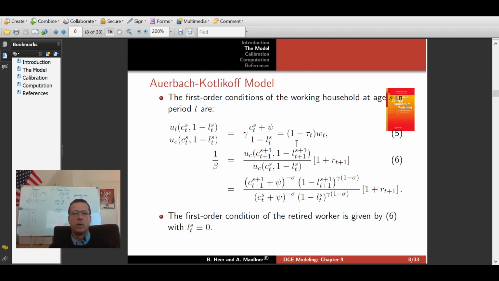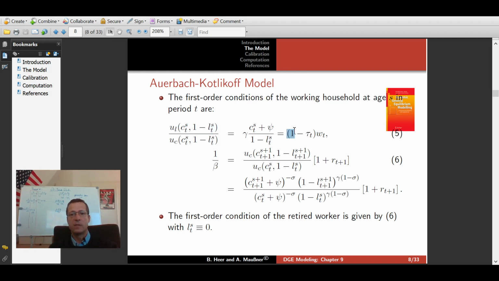So we compare the disutility from working, which is the loss in utility from leisure, which is U_L, the partial derivative of the instantaneous utility function with respect to L. And we compare our loss of utility due to working 1 extra unit and sacrificing leisure to our gain in utility.